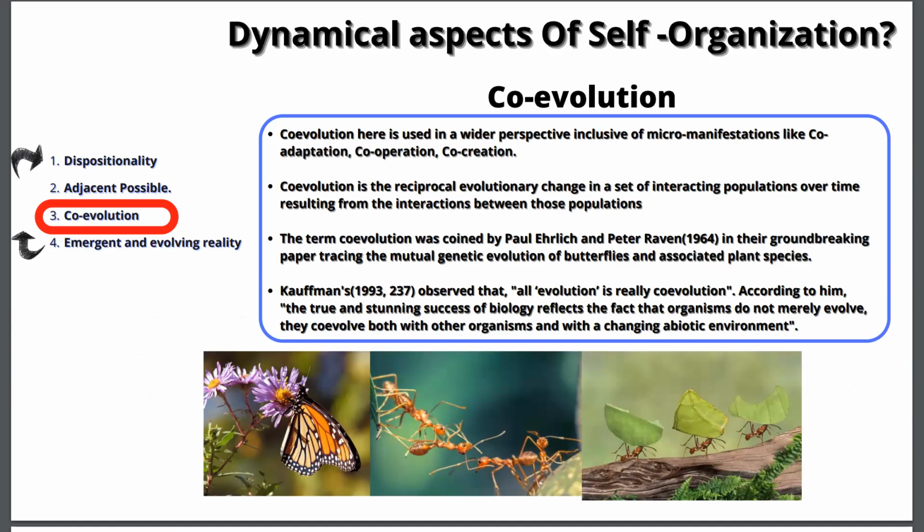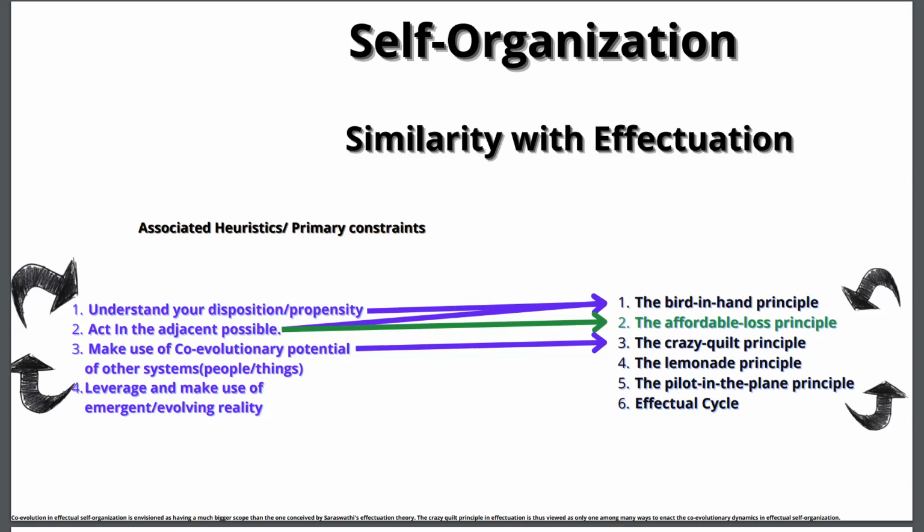As I already discussed earlier, coevolution here in this framework is used in a wider perspective, inclusive of micro manifestations like co-adaptation, cooperation, co-creation, co-dynamics, etc. Co-dynamics might be the co-dynamics between a tool and a tool user, for example. It is important to note that the coevolutionary potential in this framework is envisioned as having a much bigger scope than the one conceived by Sarasvathy's effectuation theory.